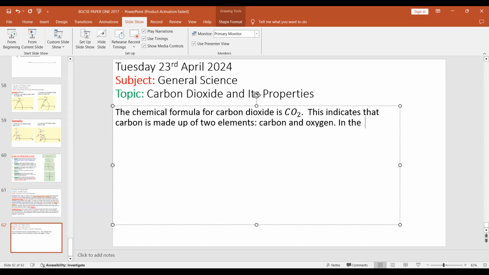In the air around us, does anyone know the percentage of carbon dioxide in the air? Zero. 0.02. No, not 2, 0.04% of carbon dioxide.